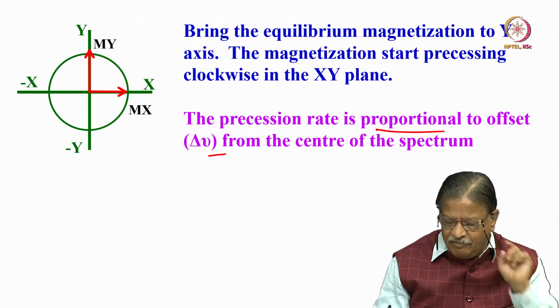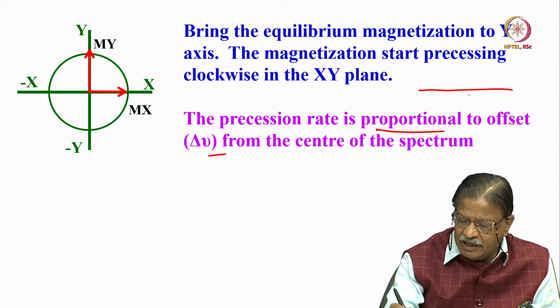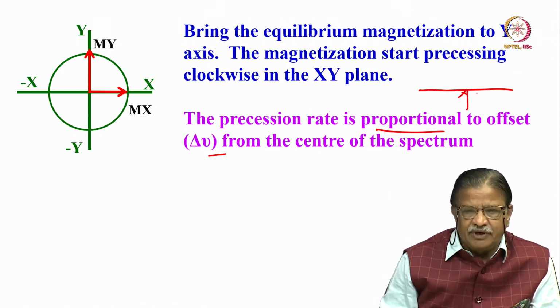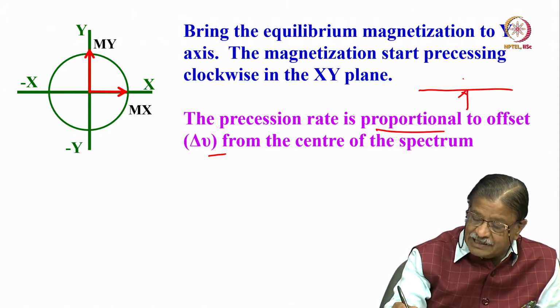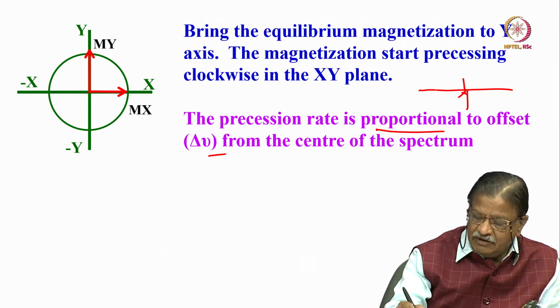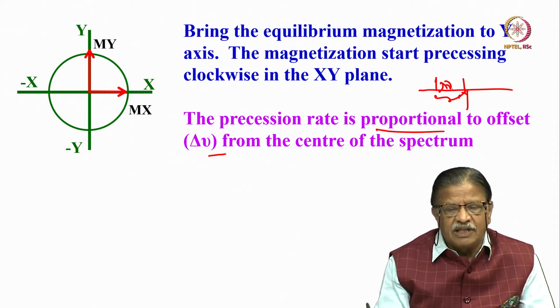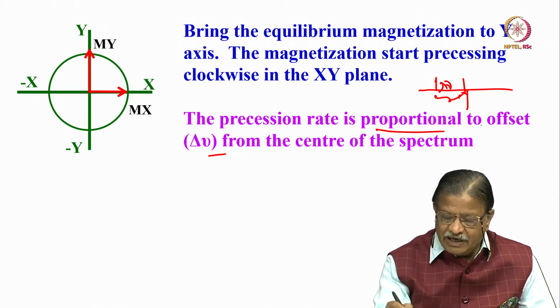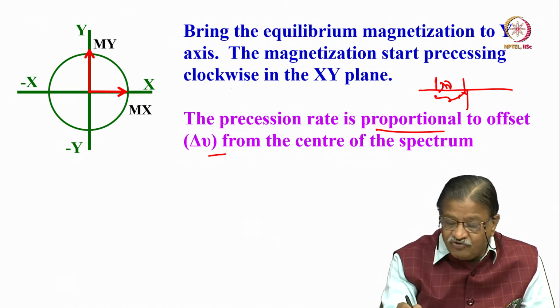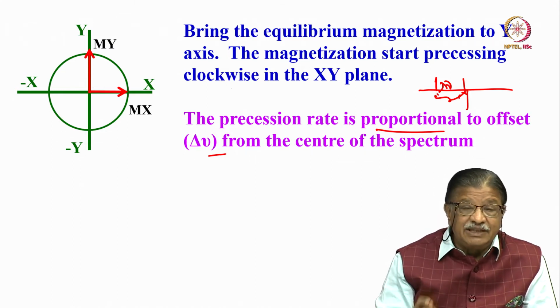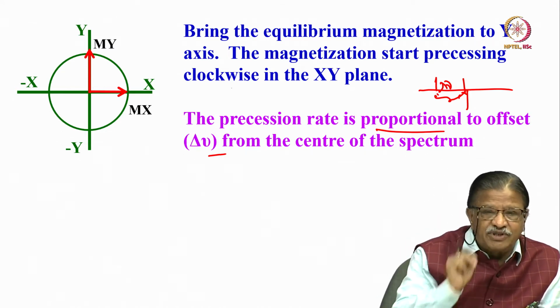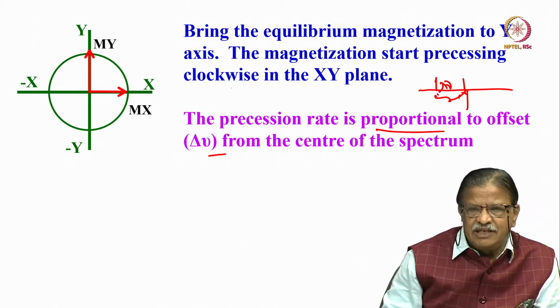In the rotating frame, let us say I have a spectral width here, this is my center, and the signal is somewhere here. This is what is called offset. We call it delta nu or delta omega. This is the offset from the center of the spectrum, and how far it is will define your rate of precession, how fast the magnetization is precessing.